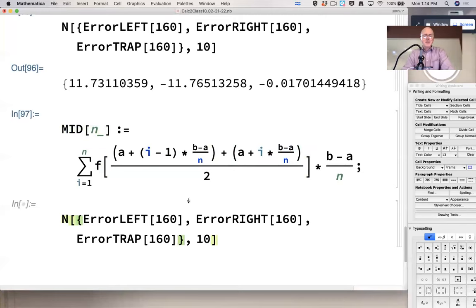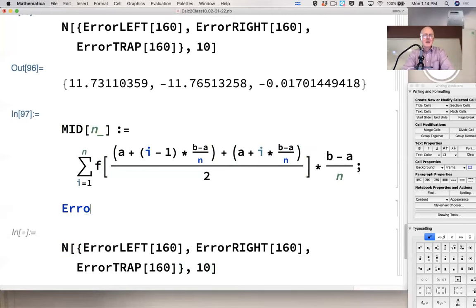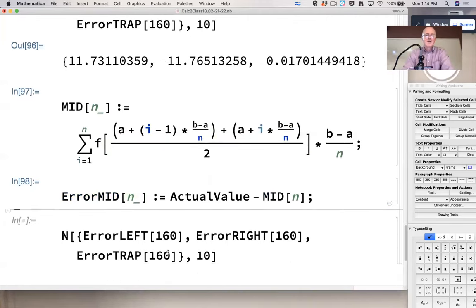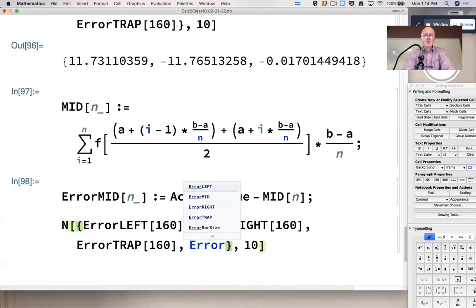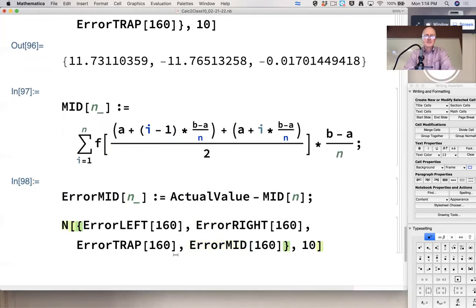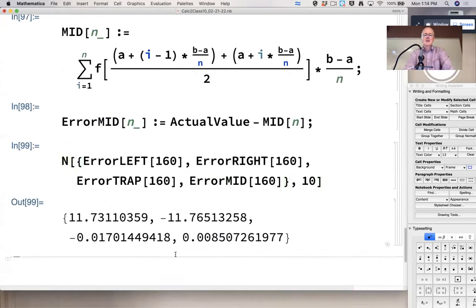I should probably do error mid as well. Error mid is the actual value minus mid of n. What's the error in the midpoint rule when n is 160? It's even smaller, closer to 0 than the error in the trapezoid rule.